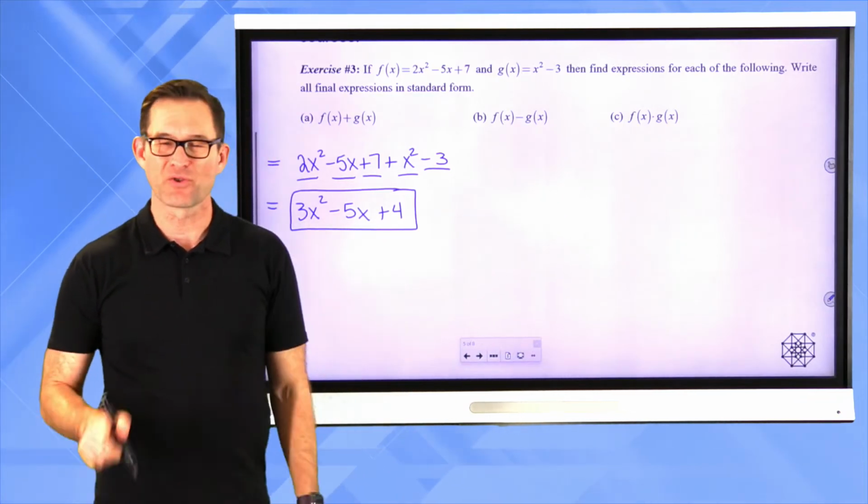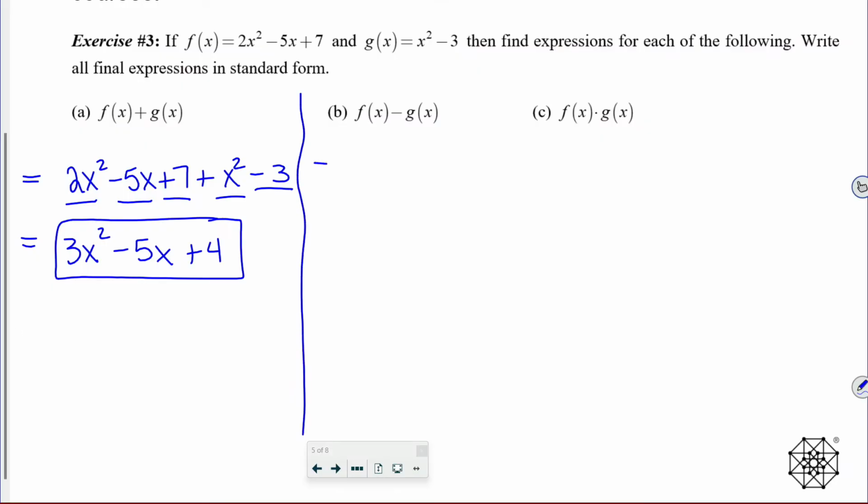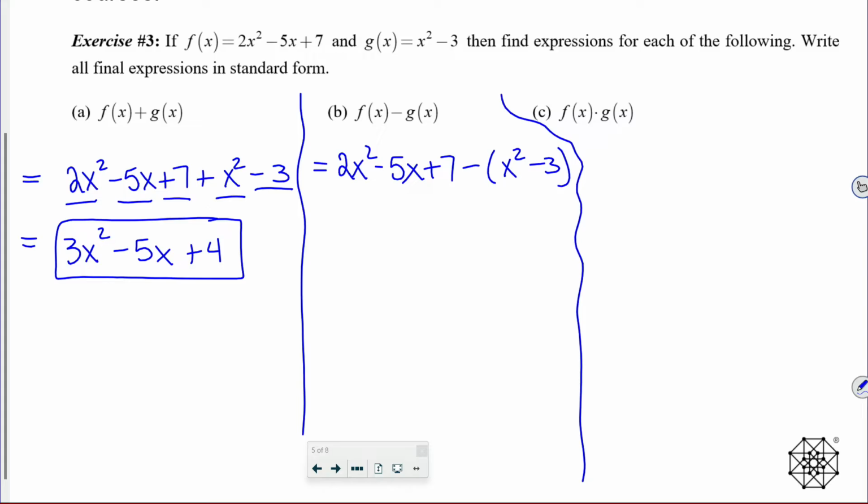Now, as always, subtraction we have to be a little bit more wary about. So I'm going to say this is equal to 2x squared minus 5x plus 7 minus, x squared minus 3. Here it's important to put that x squared minus 3 in parentheses so that I can remember to distribute that subtraction.